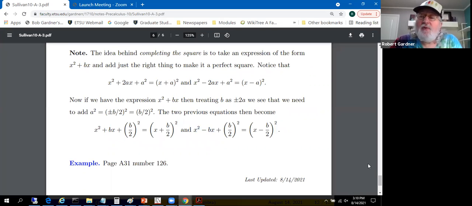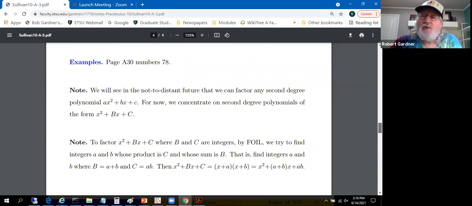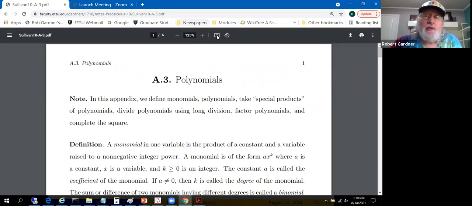Again, our motivation for doing this, completing the square stuff, is really to do the quadratic equation. Our big motivation for doing this factoring is so we can find zeros of polynomials. The best way to find the zeros of a second degree polynomial is to factor it, but if you can't factor it, there's still the quadratic equation.